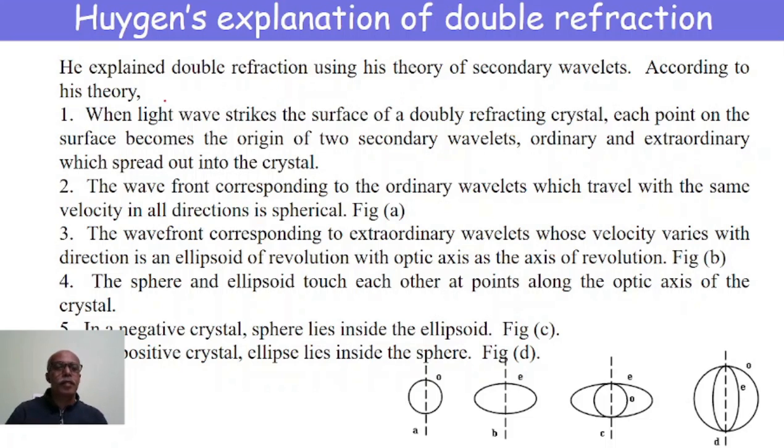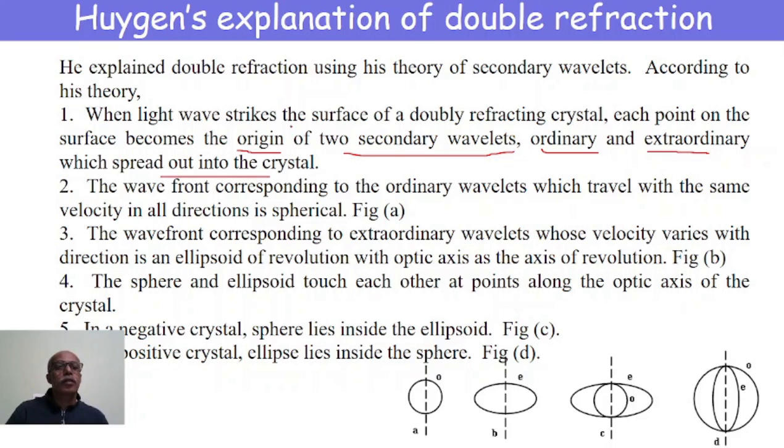According to his theory, when a light wave is incident on the surface of a doubly refracting crystal, each point on the surface will be the origin of two secondary wavelets, and those two secondary wavelets are ordinary and extraordinary, and these ordinary and extraordinary secondary wavelets spread into the crystal.